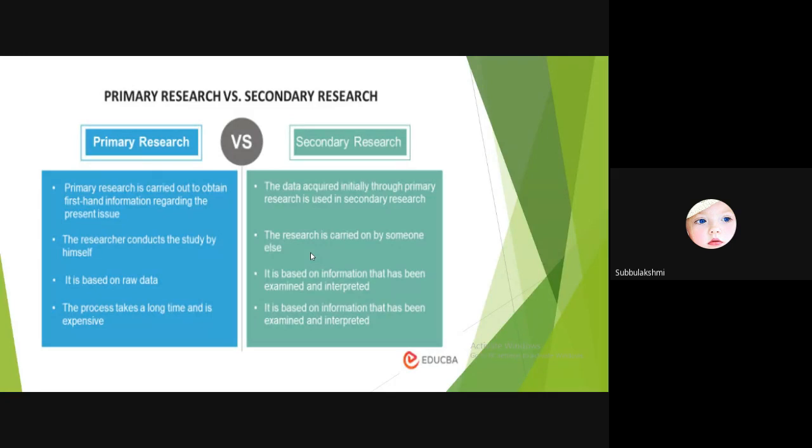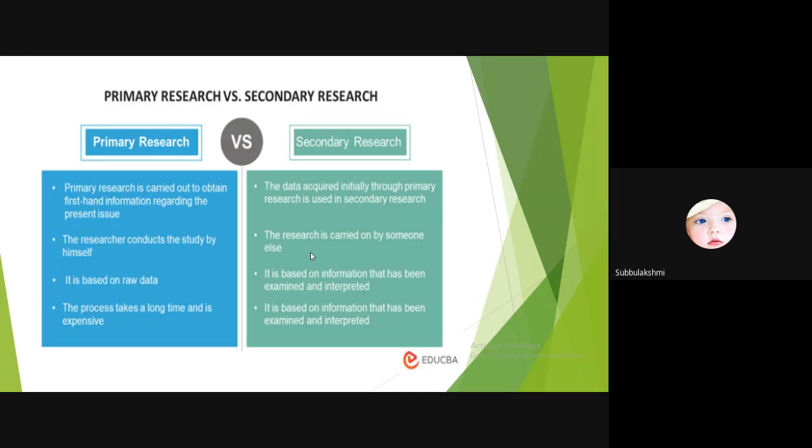So primary research, we do it to get first-hand information, and we conduct it by ourselves, and it is based only on raw data, right? It takes a long time, and it is a bit expensive. While in secondary research, the data acquired through primary is used.